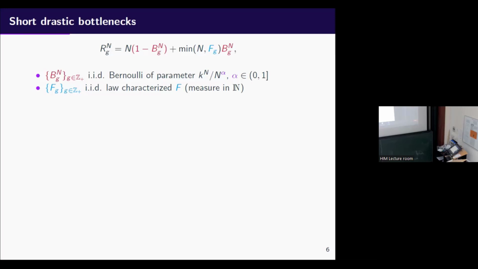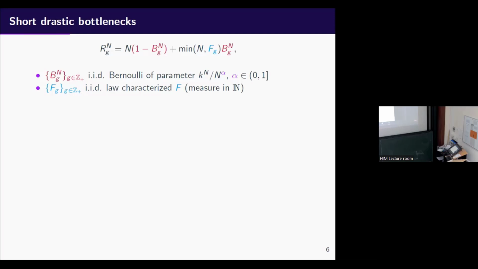And when your Bernoulli random variable is equal to 0, which happens most of the time, the population size is equal to n. But when your Bernoulli random variable is equal to 1, then your population size is chosen according to some measure on the natural numbers that we denote by f.